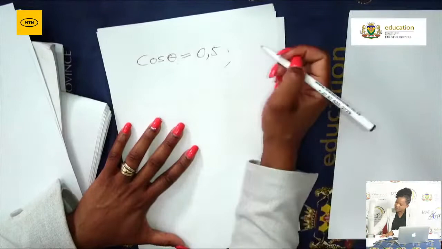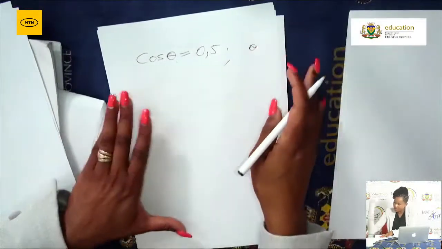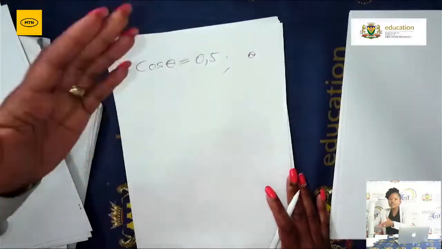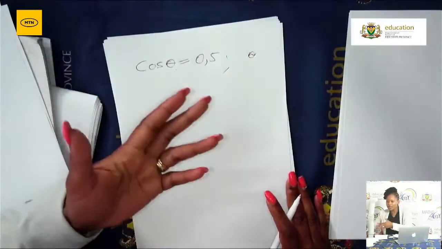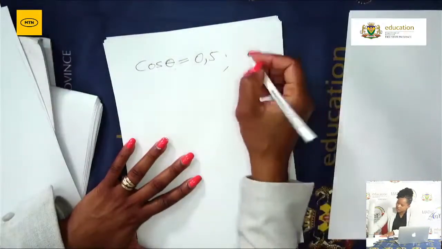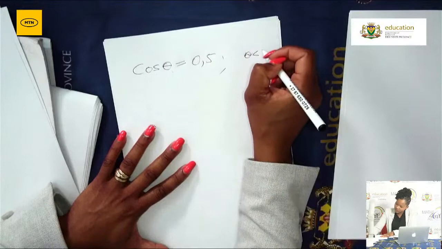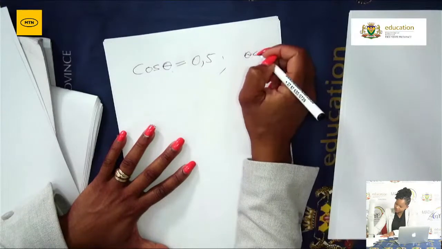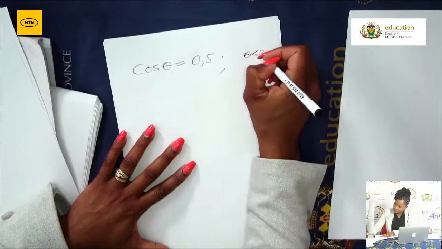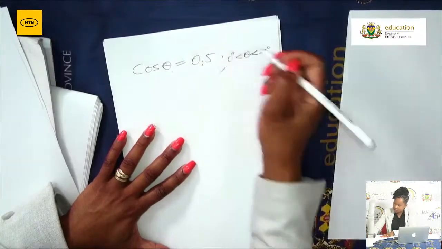Then next to it, there will be a restriction. Remember, if there's a restriction here, it is guiding you whether you consider all 4 quadrants or only 2 quadrants or only 1. Suppose in this one we have theta less than 270 degrees, and greater than 0 degrees.